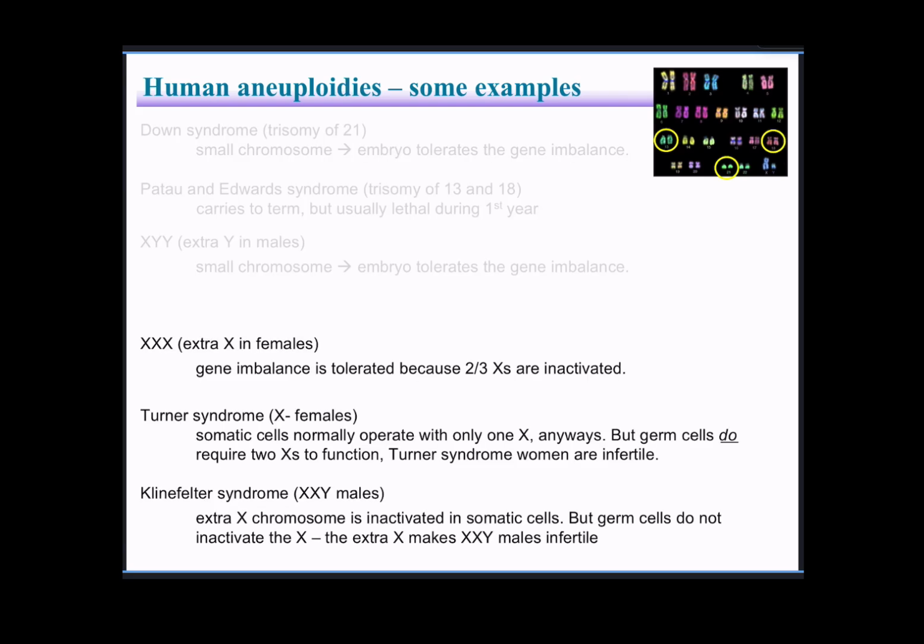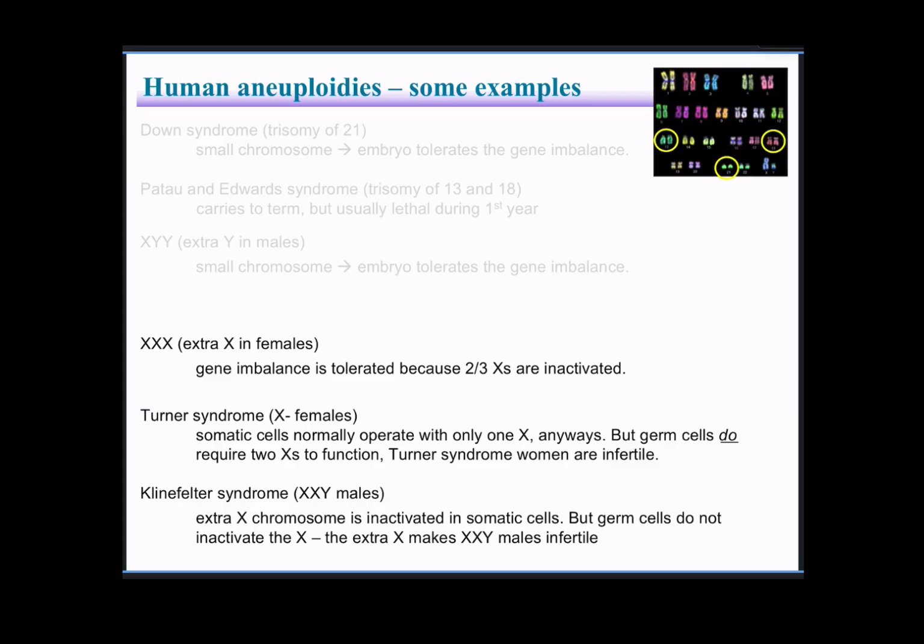Then there's a whole series of aneuploidies associated with imbalances in the number of X chromosomes. Now, X is gigantic. It's one of the larger chromosomes in humans, and it has tons of genes.